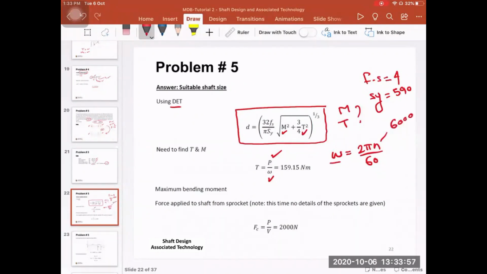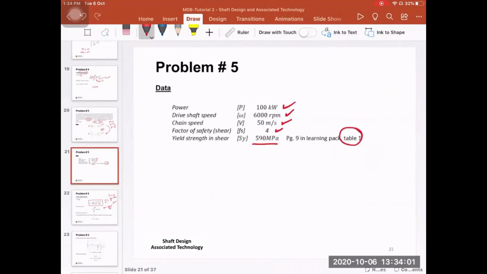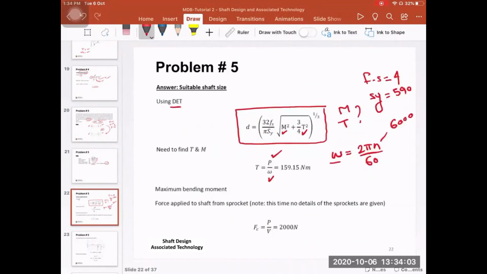Then you can calculate omega. The power is 100 kilowatt, so 100 times 10 to the power 3 to convert it to watts. Then you divide by omega, and this will give you the torque. Okay, so we are done with the torque. The torque is uniform across the shaft.